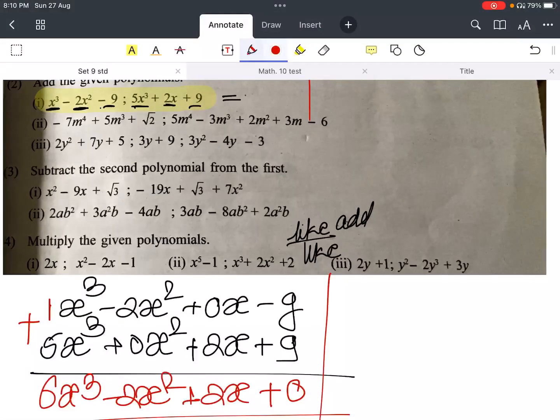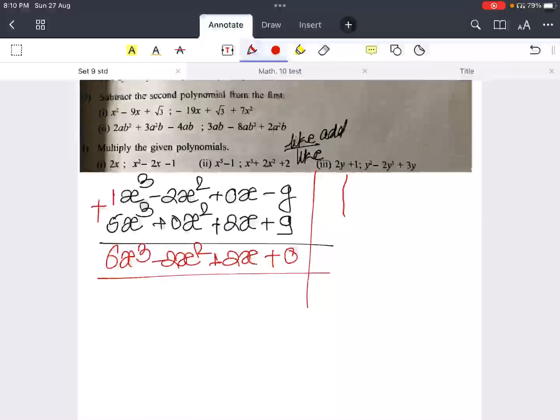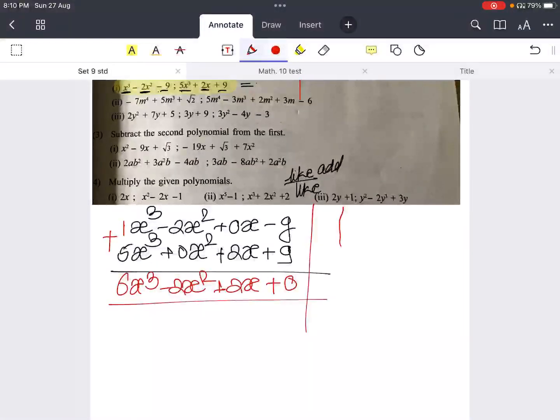So this is a little bit bigger, so we will use a separate page for it. Minus 7m raised to 4 plus 5m cube plus root 2.